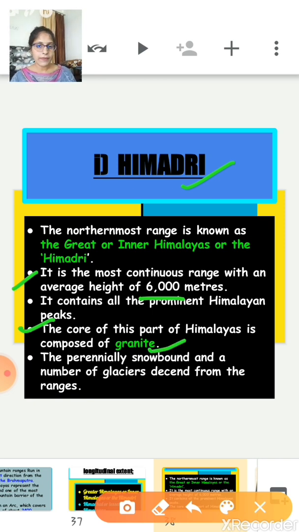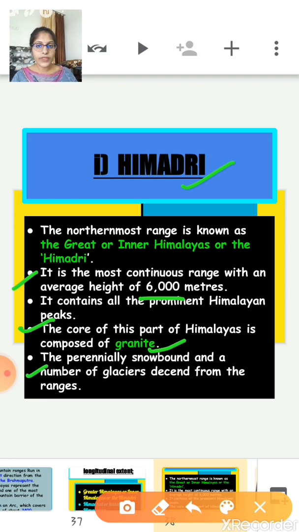Why granite? Basically, we know how the Himalayas were formed. Himalayas were formed due to the collision of the Indo-Australian plate and the Eurasian plate. Basically, these plates are composed of granite. So that's why the core of this part of Himalaya is composed of granite.